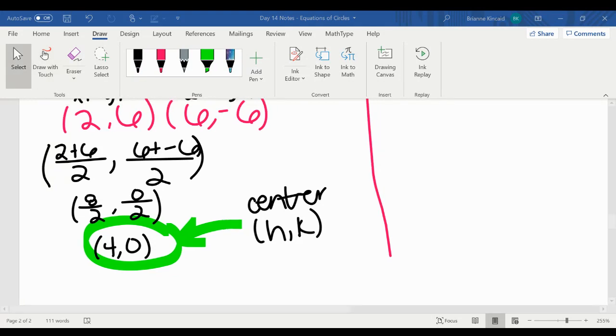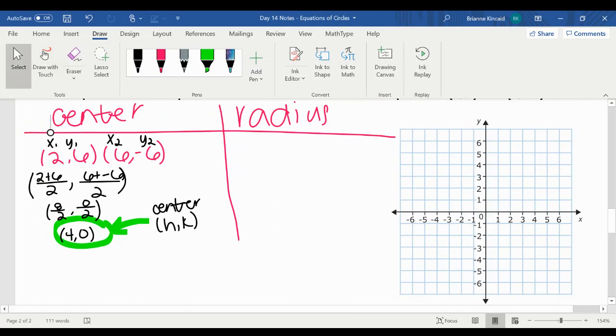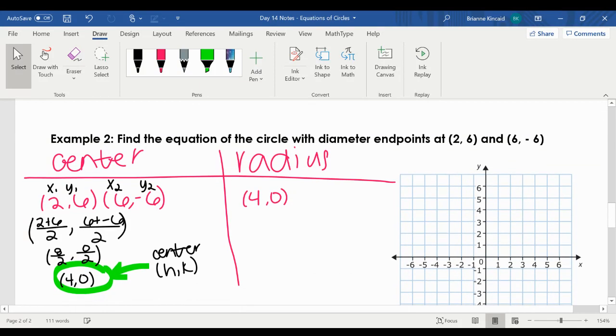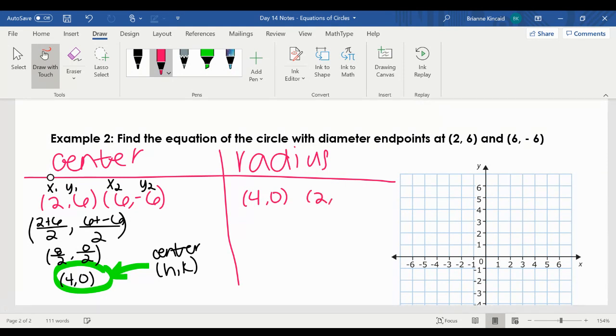From here, I want to find my radius by doing the distance formula. The one point that I have to have is (4, 0). From there, you can choose whether you want to do (2, 6) or (6, negative 6). Just to make it different from the last one, I'm going to use the first point, (2, 6).